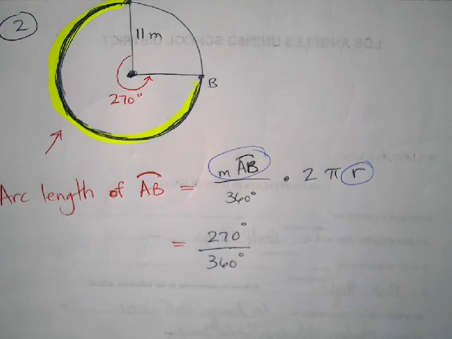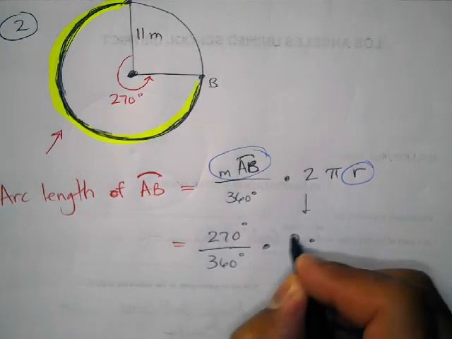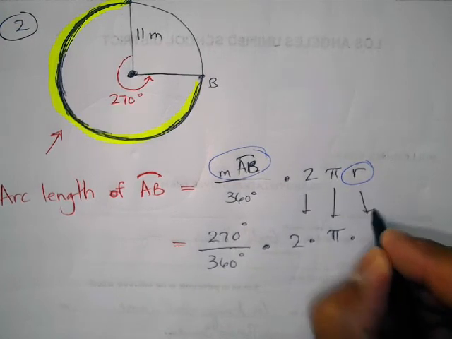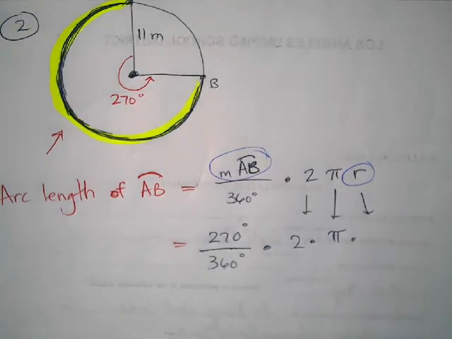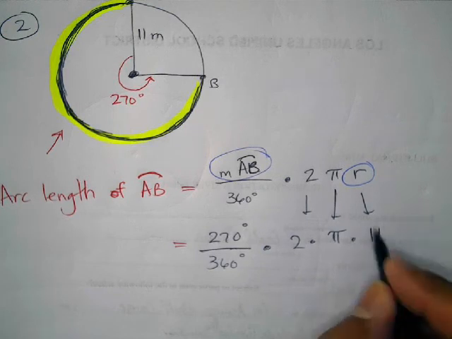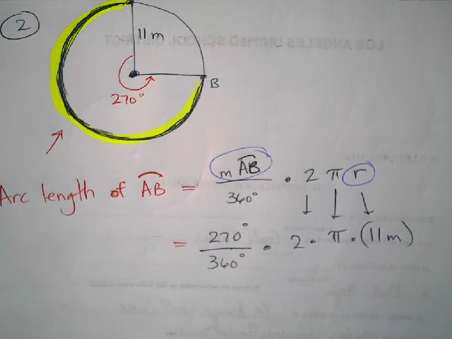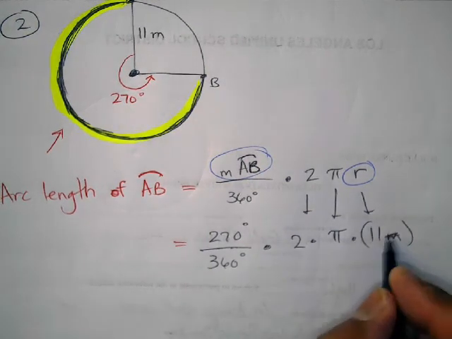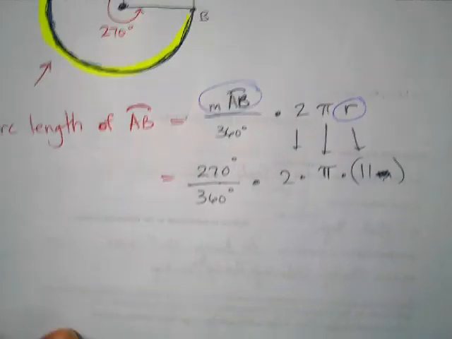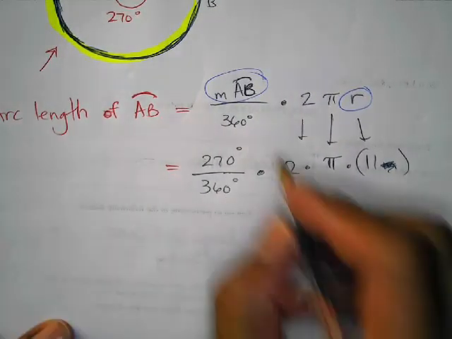The 270 divided by 360. 270 degrees divided by 360 degrees, the degrees will cancel out. Times 2 times pi times what? What's the radius? 11. You could put 11 meters if you want, but the number is the only thing we're going to multiply. We don't need the units.